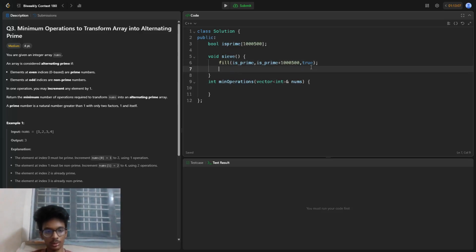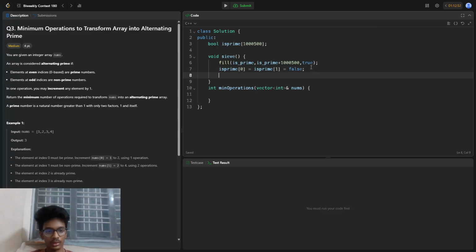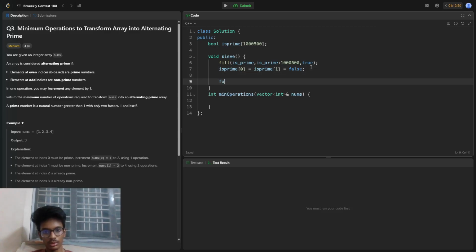Initially, let us assume all are prime. We know what sieve is, so I don't think I need to explain much about it. These two things are not prime, so let's mark them false. P equal to 2.